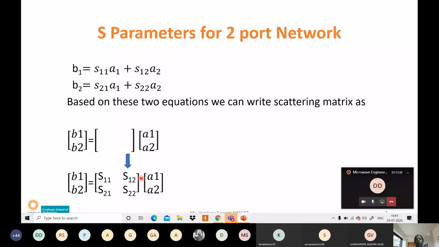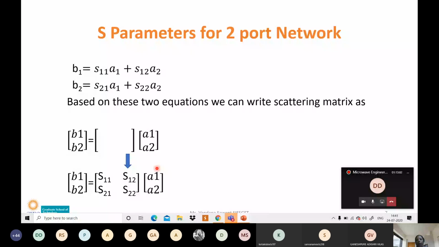Now from this we can say that the S parameter matrix is always a square matrix. If you write it for a four-port network, then you will get a total of 16 S parameters because of 4 input and 4 output conditions. Okay, so we are not writing it now. As we proceed, you will come to know.